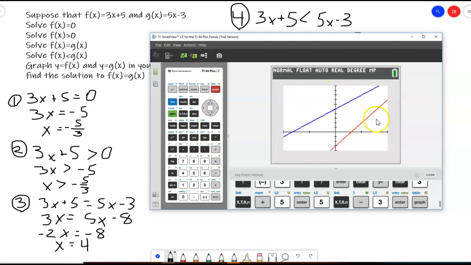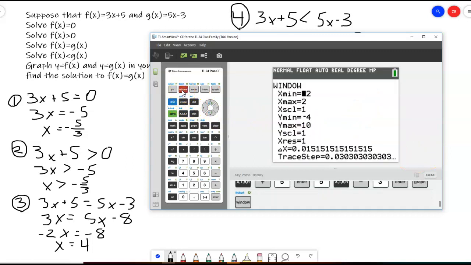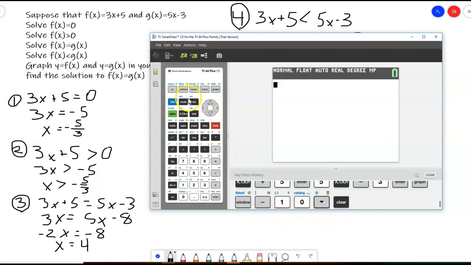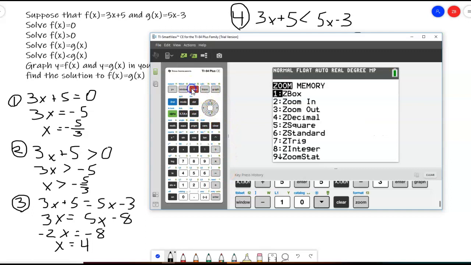Oh, it's not showing where they connect, so we're going to have to change our window. This is a previous window, so let's go back to zoom, and we're going to do zoom standard.